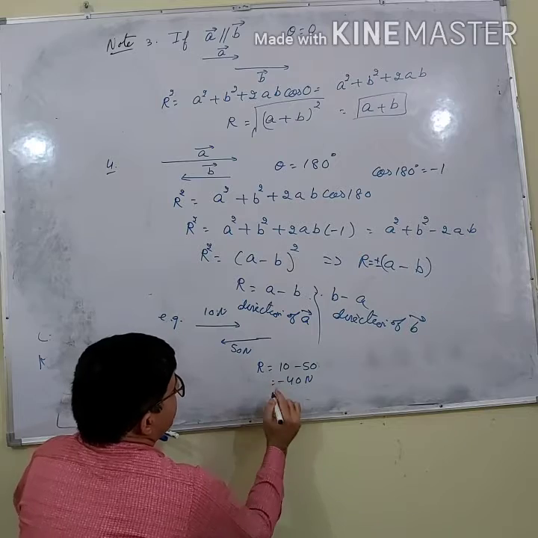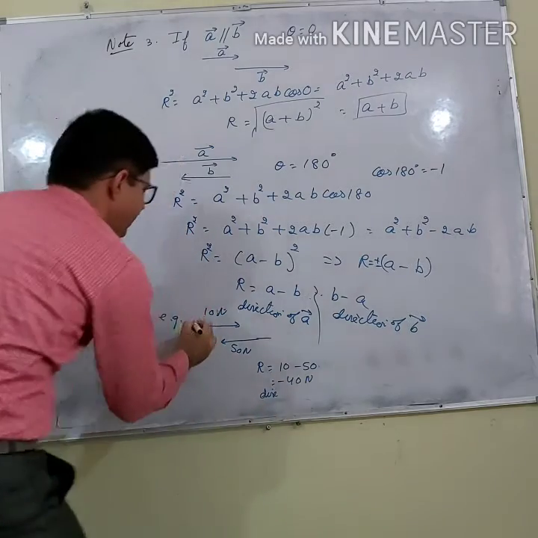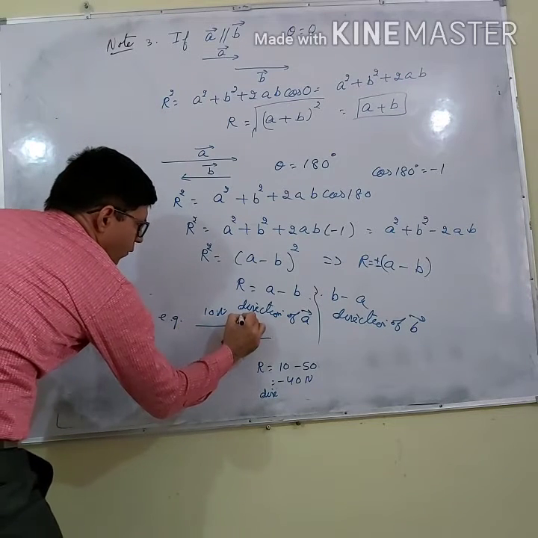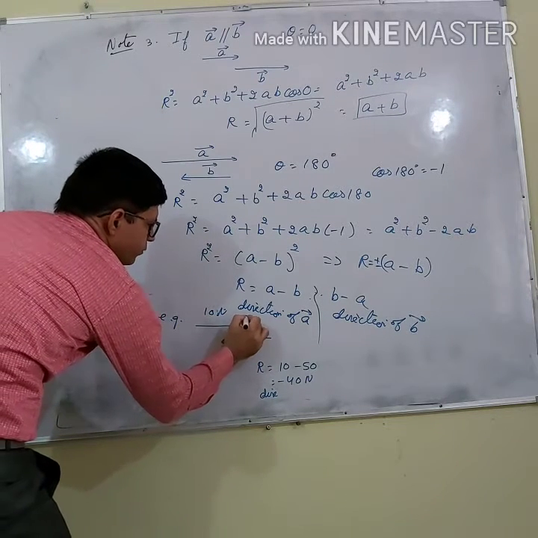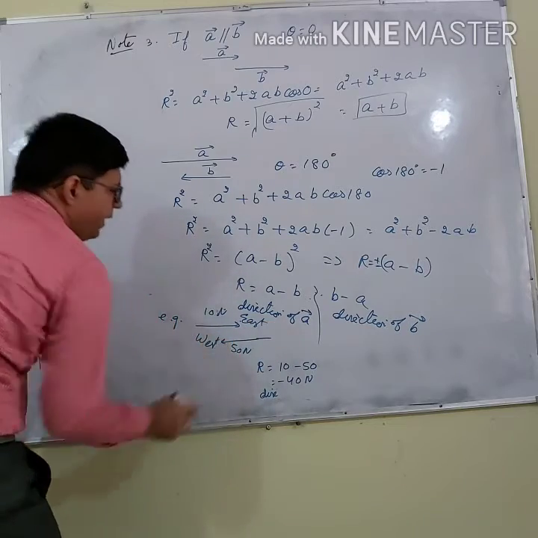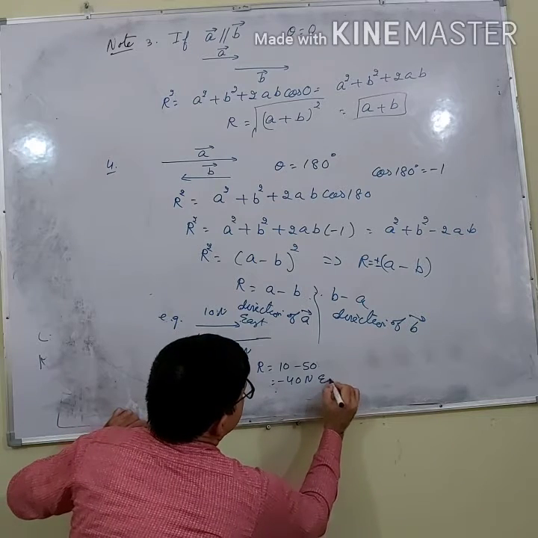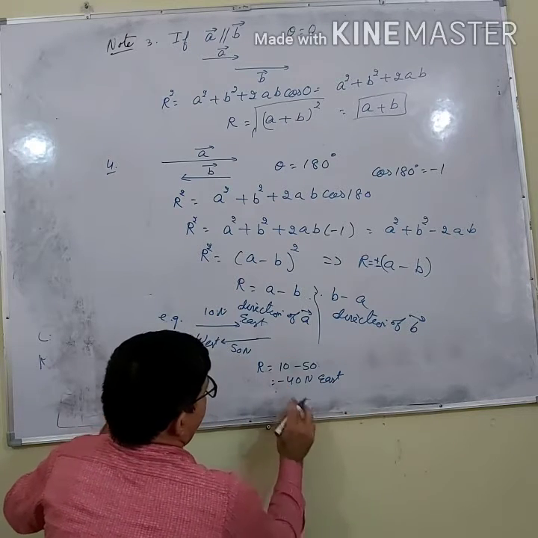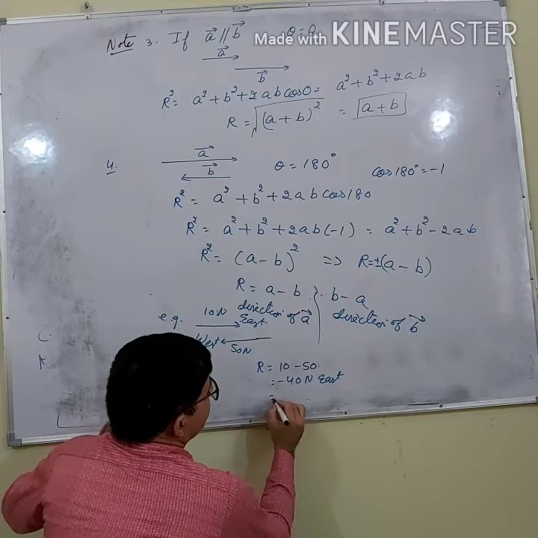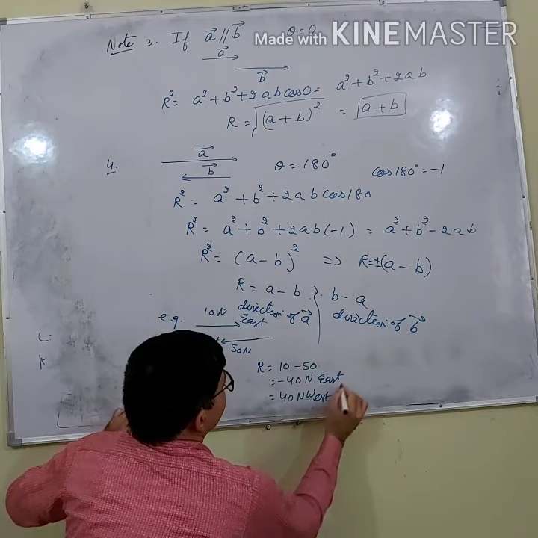What should the direction be? Let us say this direction is east and this direction is west. Minus 40 Newton means direction east, and minus of east is west. So the answer is 40 Newton west.